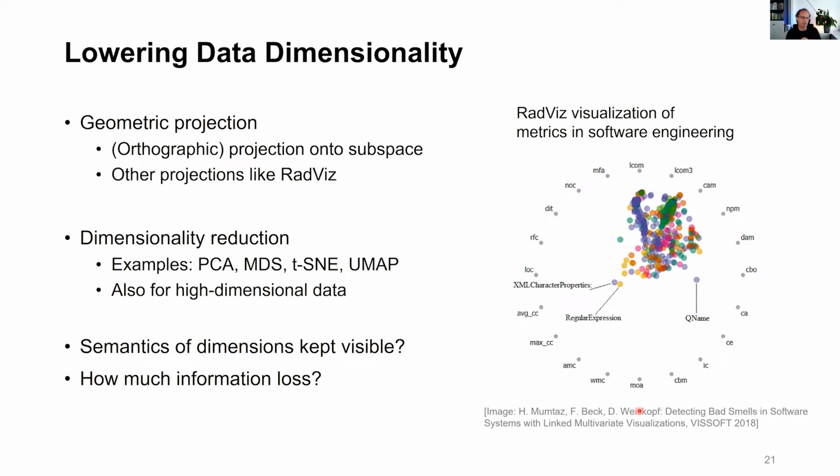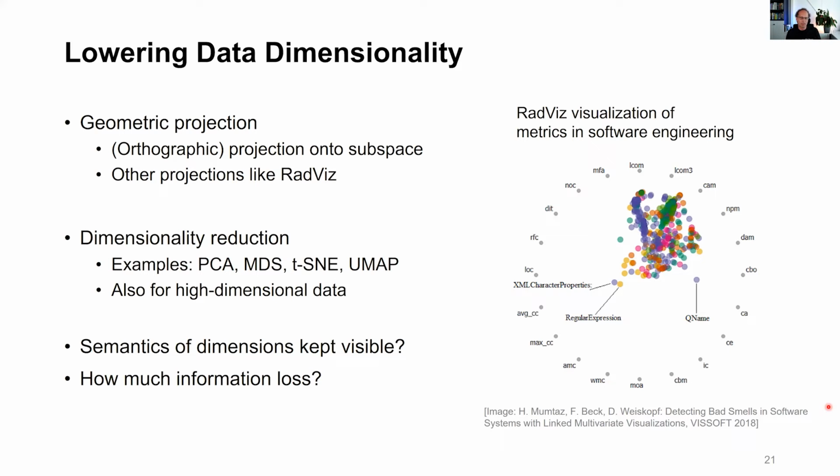The final visualization looks like a radial projection. In this use case, the data set came from software engineering. You have several software quality metrics attached to the data values, and then the data points are being projected. So that's just one class of techniques.